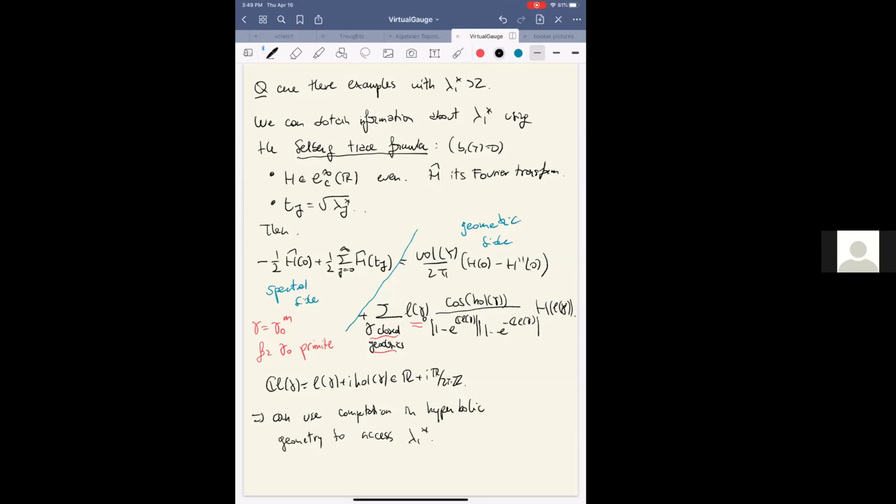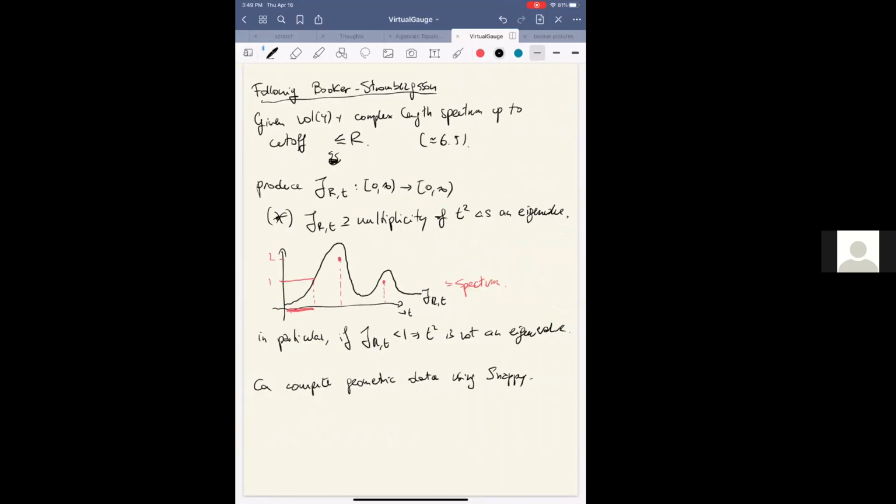There's some kind of optimization problem involved in building this JRT. Unfortunately, I don't have much time to go through how you build it. So it's kind of a black box: you give the length and it spits out this function. Yes, that's a good question.